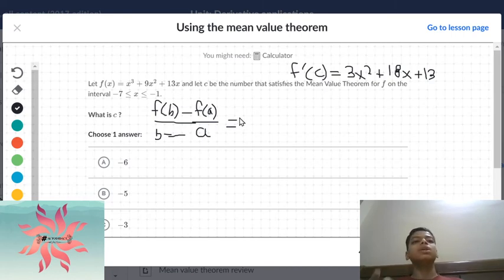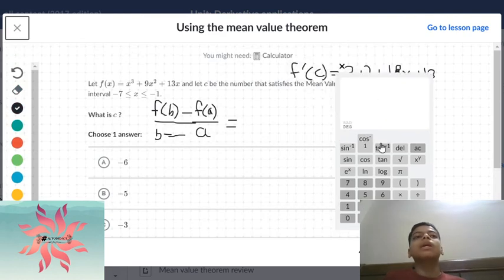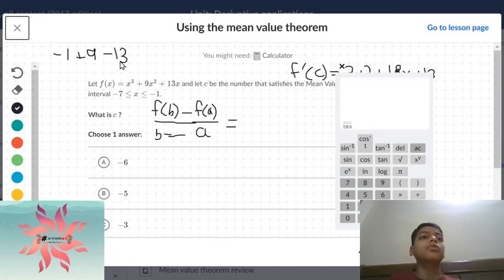What is f of b? So what will this value be if x is equal to negative 1? Negative 1 cubed is just negative 1. Negative 1 plus 9 times negative 1 squared is 9, minus 13. 9 minus 13 is just negative 4.